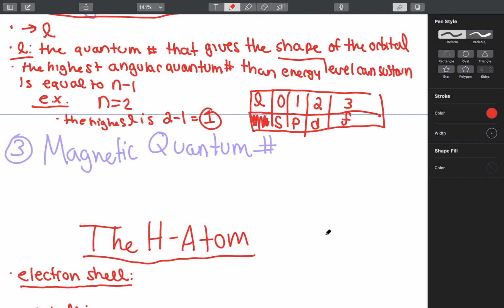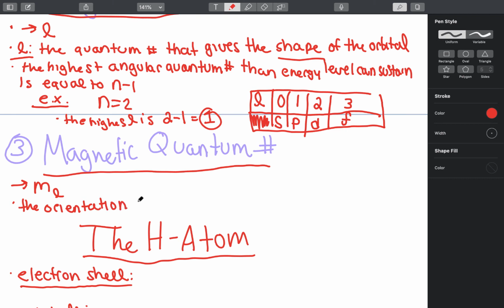So the last little quantum number that you have to know is the magnetic quantum number. And the magnetic quantum number is given the symbol ML. And what does ML tell us? Well, ML tells us the orientation of an orbital.